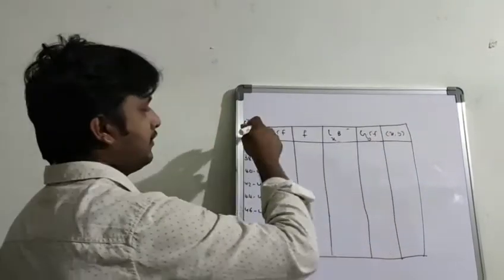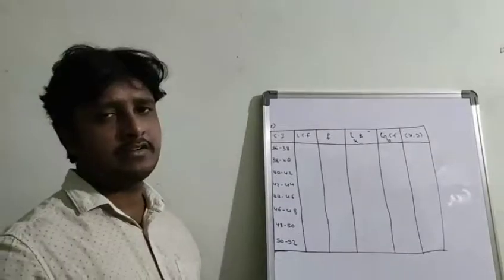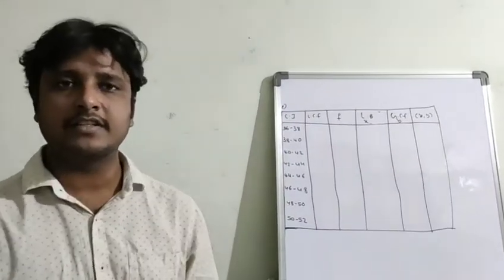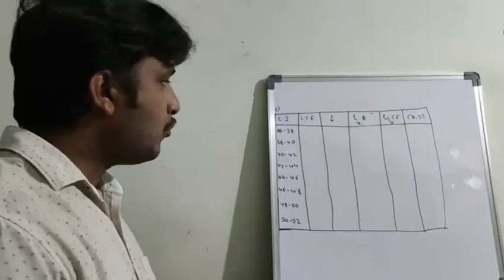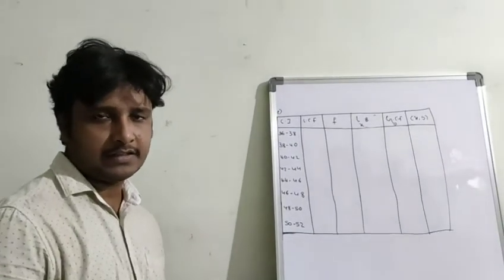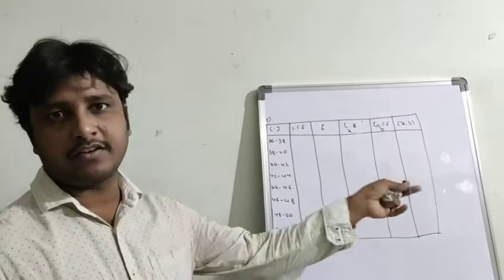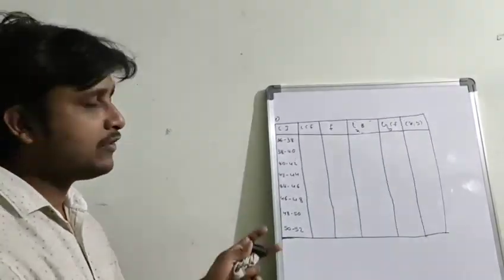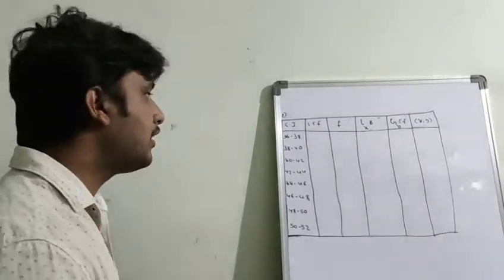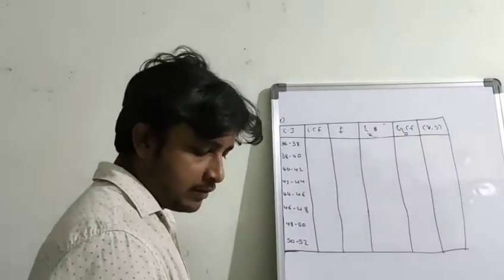Whenever LCF is given instead of frequencies but we are drawing the more than cumulative frequency, we need GCF. From the LCF we cannot identify the GCF directly, so first we find the frequencies, and from the frequencies we identify the greater than cumulative frequency.